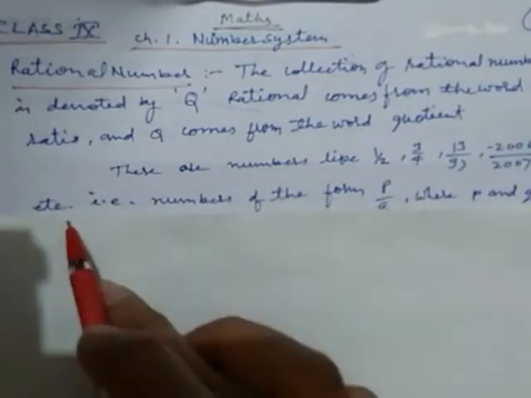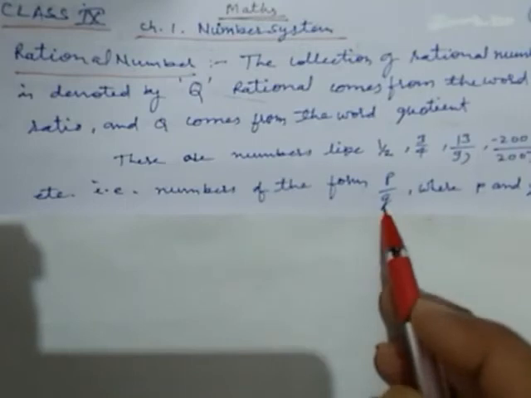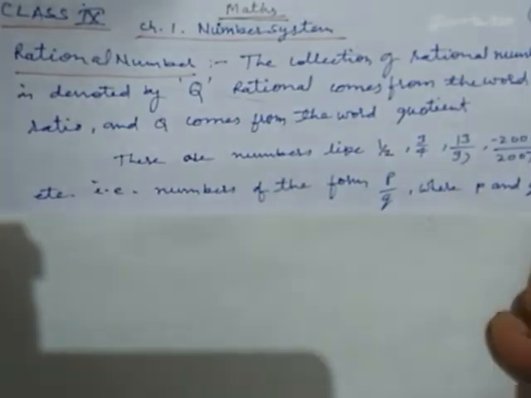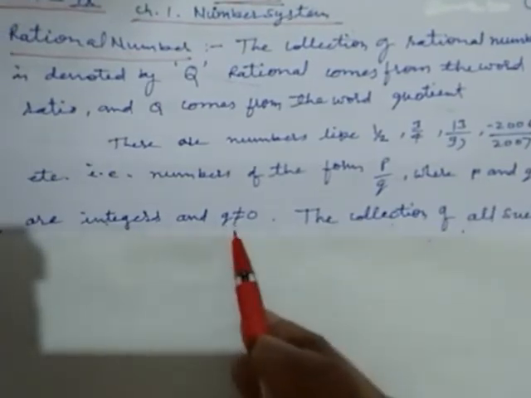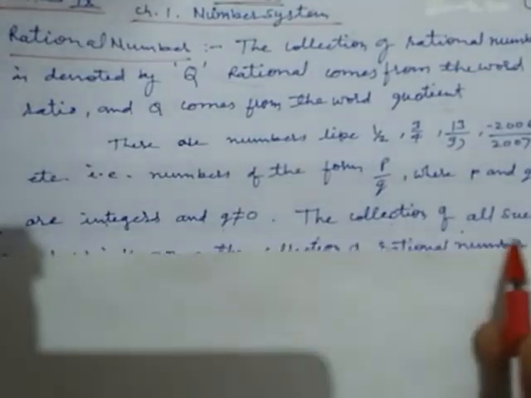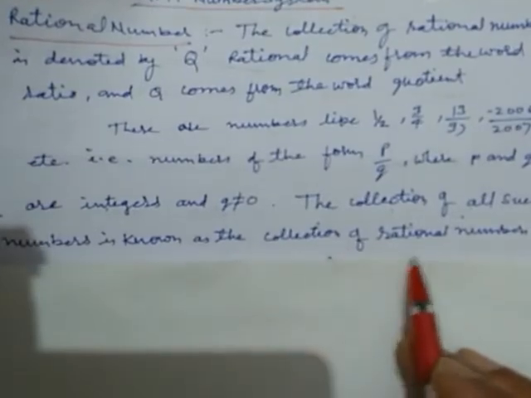That is, numbers of the form p by q, where p and q are integers and q is not equal to 0. The collection of all such numbers is known as the collection of rational numbers.